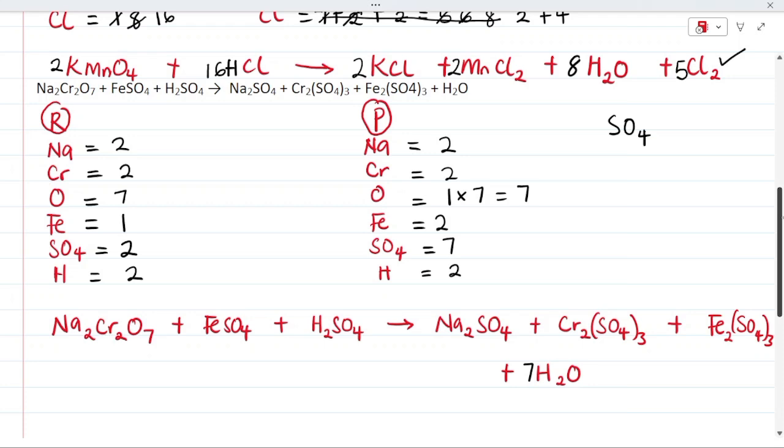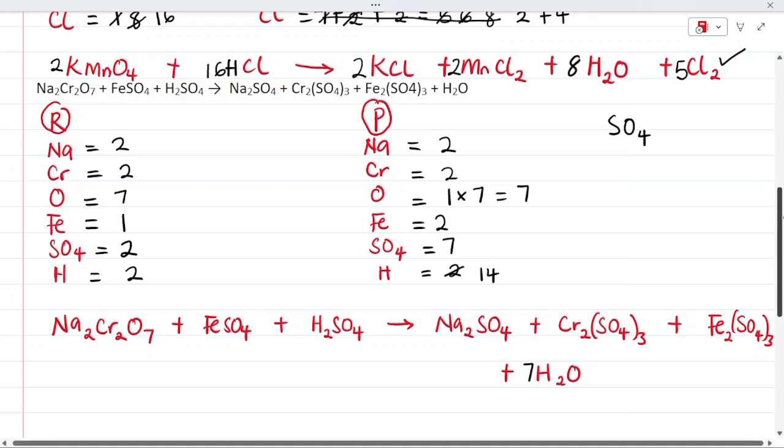When I recount, oxygen is 7 as I've done, but hydrogen is now 14. So I come to my product side, hydrogen is no longer 2, it is now 14. So I go straight ahead and I adjust hydrogen. Or better yet, how can I make 2 become 14?